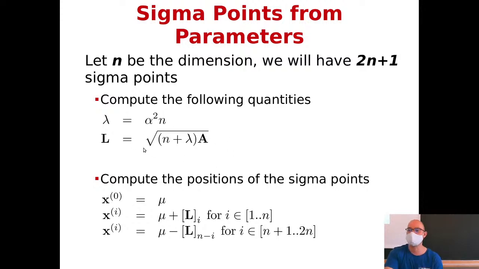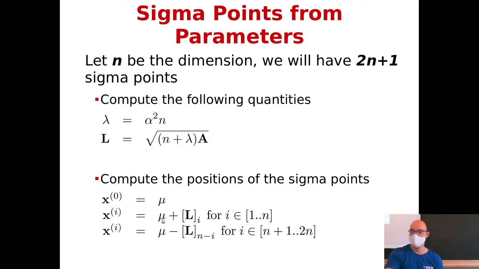This basically gives you a lower triangular matrix of vectors. And these vectors denote the displacement in the space of the Gaussian, where you have to draw the sigma points. So you start from the mean, which will actually be the very first sigma point.